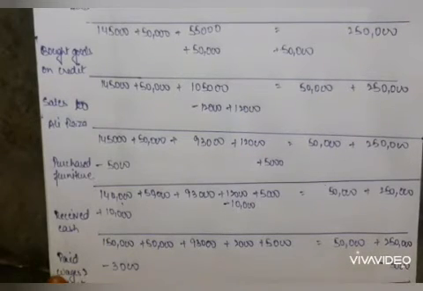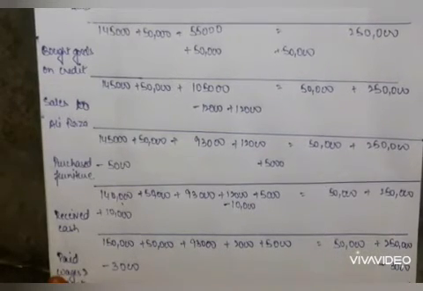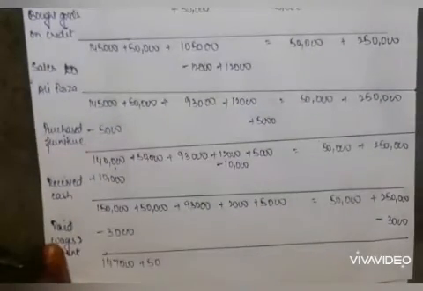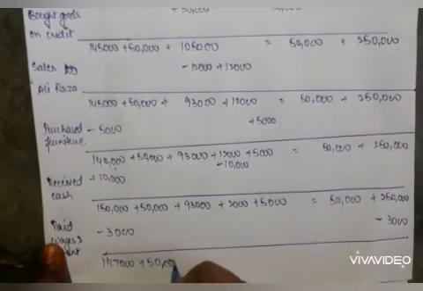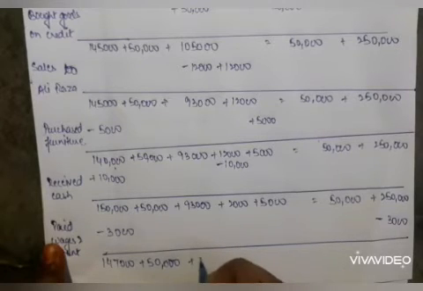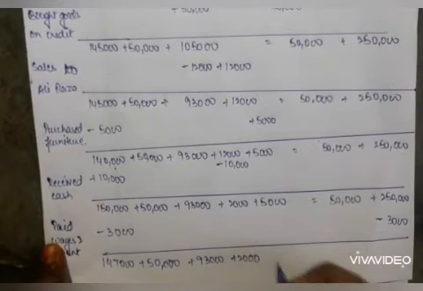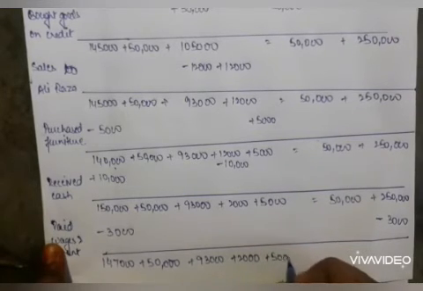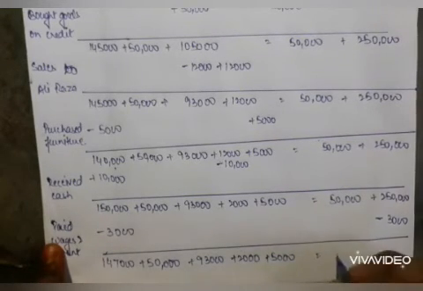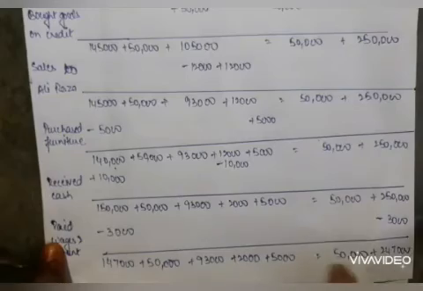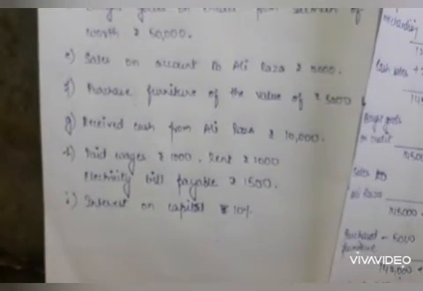So 1,50,000 minus 3,000 is 1,47,000 plus 50,000 plus 93,000 plus 2,000 plus 5,000, and this would be equal to 50,000 plus 2,47,000.